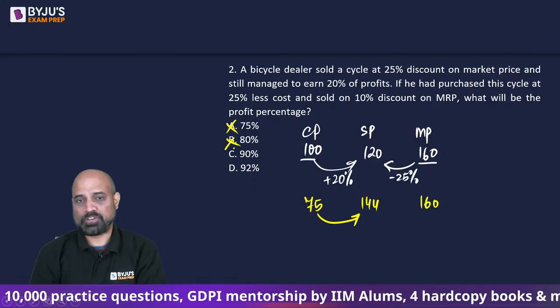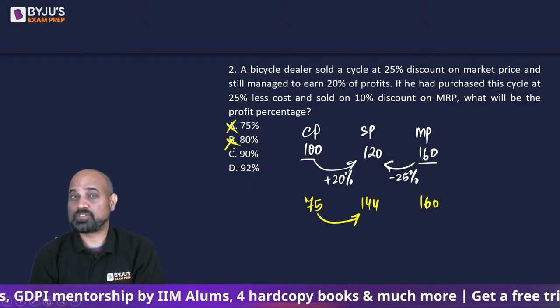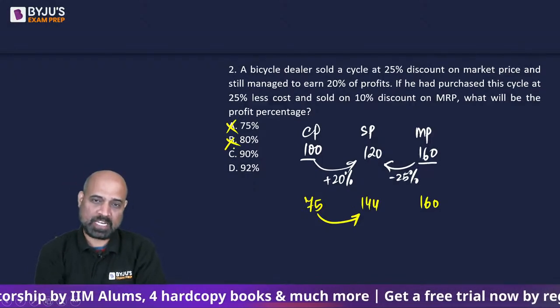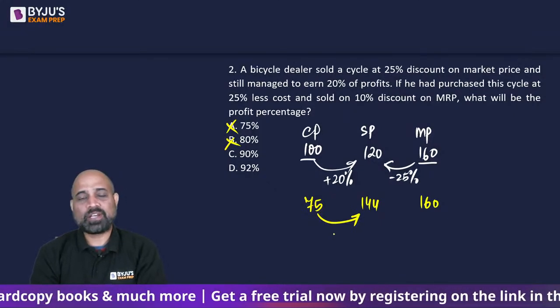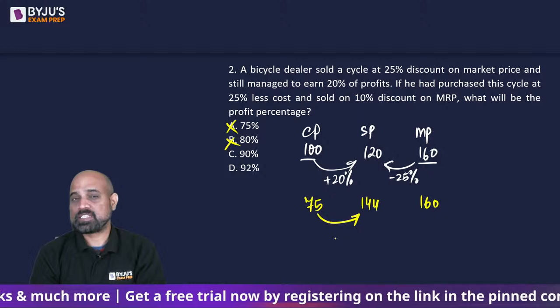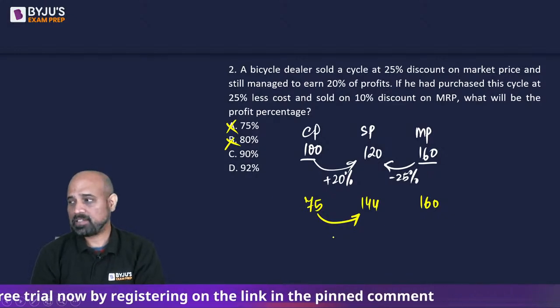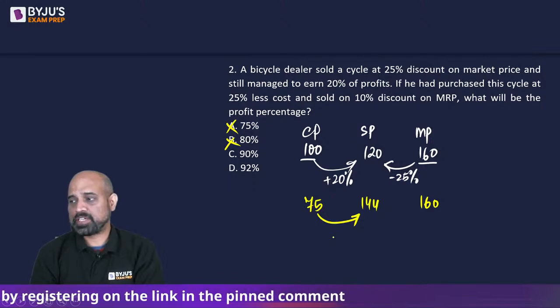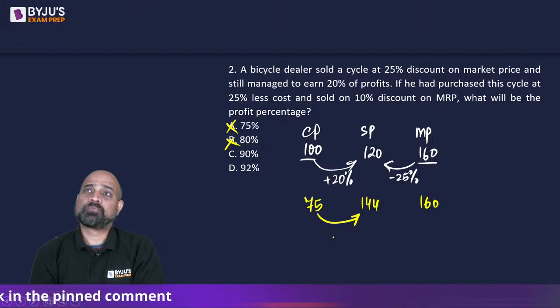So this is less than 100% and very close to that. So A and B will not make sense. What we need to do is simply check, is it 90% or is it more than that? That will help us eliminate or select the remaining two options. So if I calculate 90% of 75, which is 75 into 90 or 0.9, this is going to give us 9 into 7, 63 rupees, plus 9 into 5, 45.